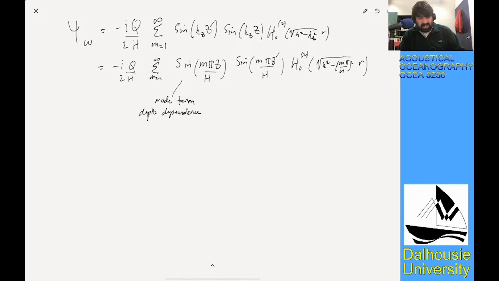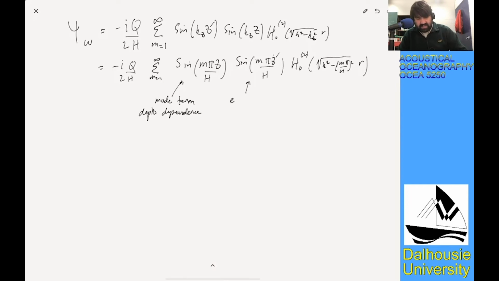So I guess you need to sum over it and its products to really get the total description. But this term by itself has the depth dependence in it. What's this one here? This one has just the source depth, z prime, in it. And then you have to sum over all these modes, these sines, to get exactly how that source depth influences the answer.